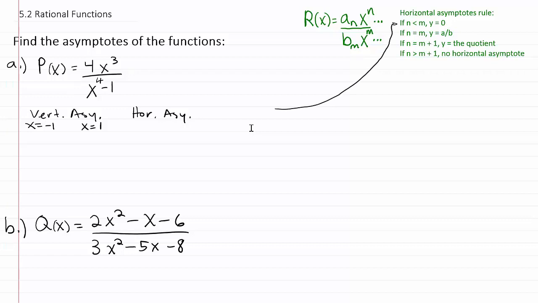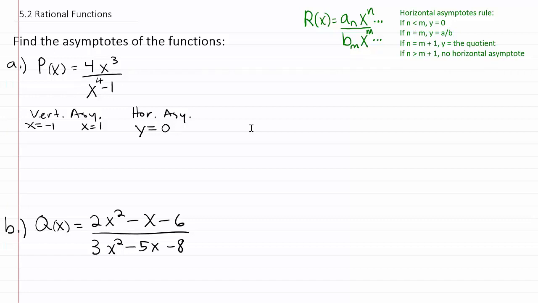When that happens, the horizontal asymptote is simply the equation y equals 0, or in other words, the x-axis. We can only have one horizontal asymptote, so y equals 0 is the only horizontal asymptote. We have two vertical asymptotes, and those are the asymptotes for example A.